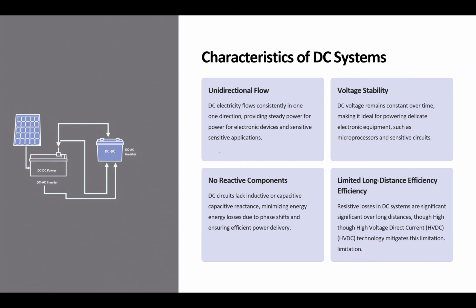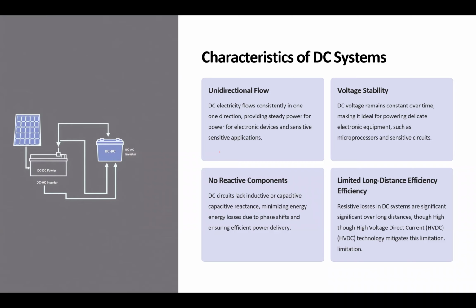Now, the characteristic of DC is unidirectional flow, that's the basic of DC. In DC, we have better voltage stability because the fluctuation is limited to a certain margin, since we should not have changes of direction. So the maximum fluctuation that you have is to go to zero.